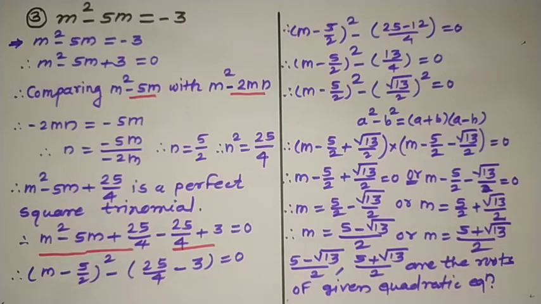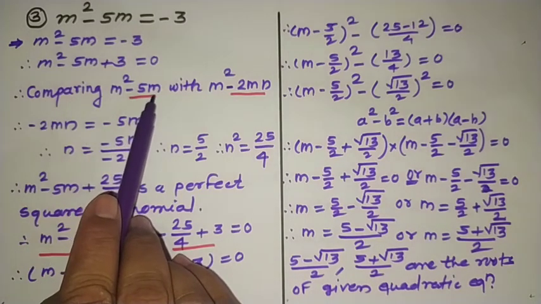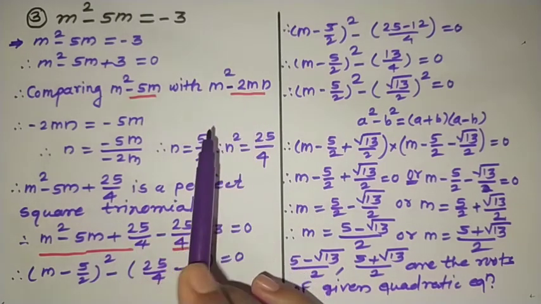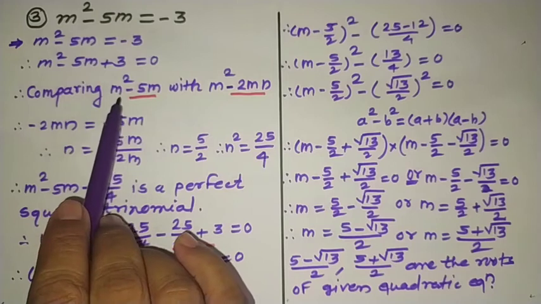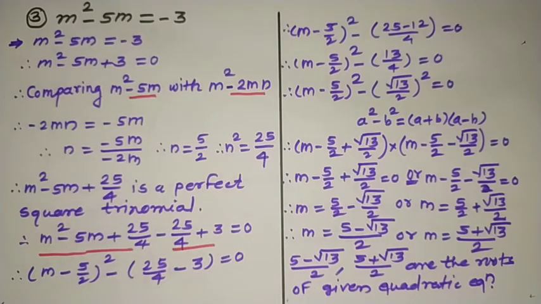In this example, the change is comparing m square minus 5m with m square minus 2mn. In the previous example we compared with the plus term. Questions of this type are solved like the above question.